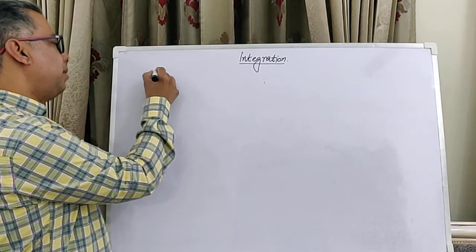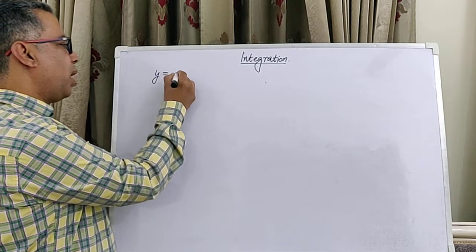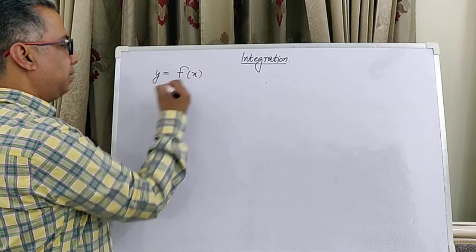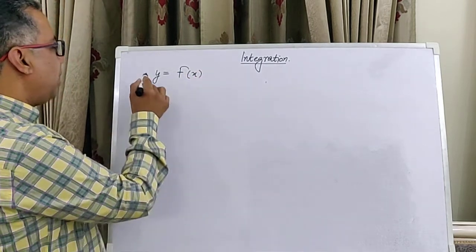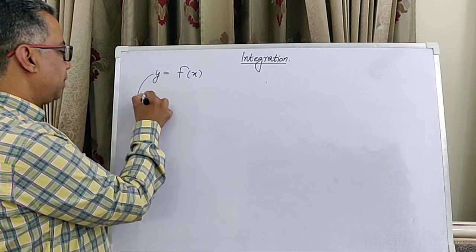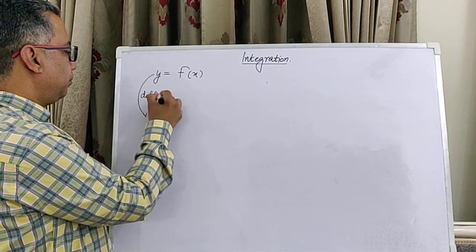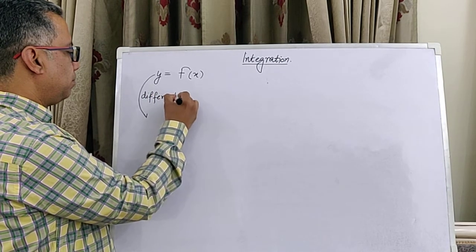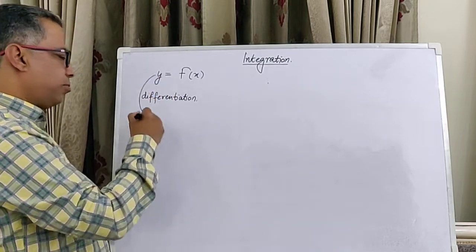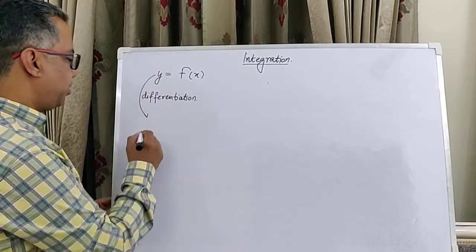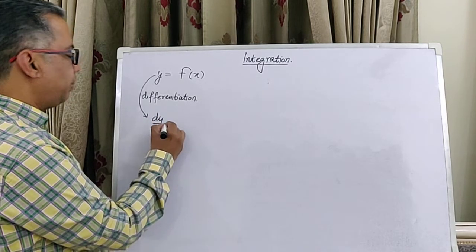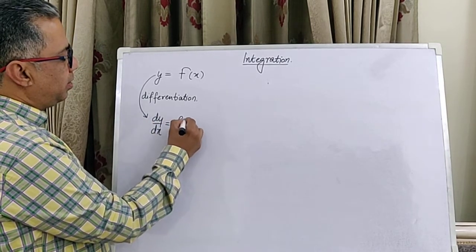So let's say we start with a function y equals capital F of x. That's a function. Now what we do is we differentiate it. So we carry out differentiation on this function, and we end up with dy by dx equals small f of x.